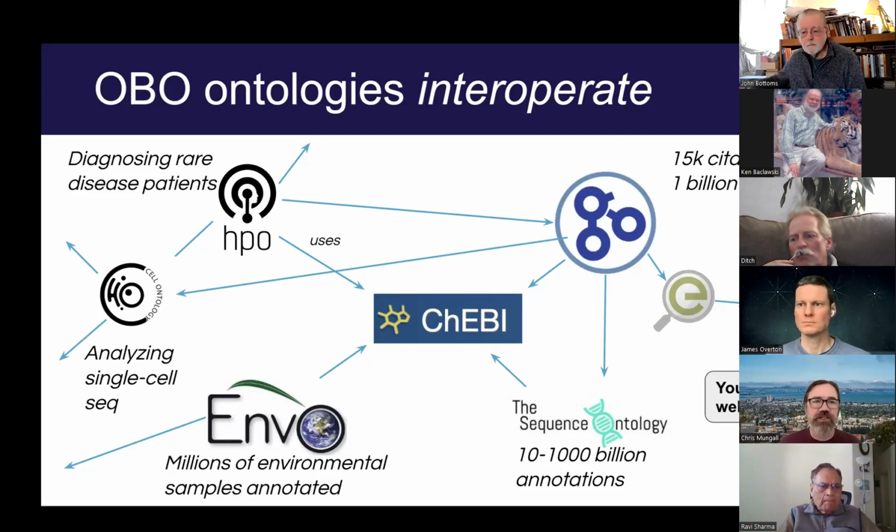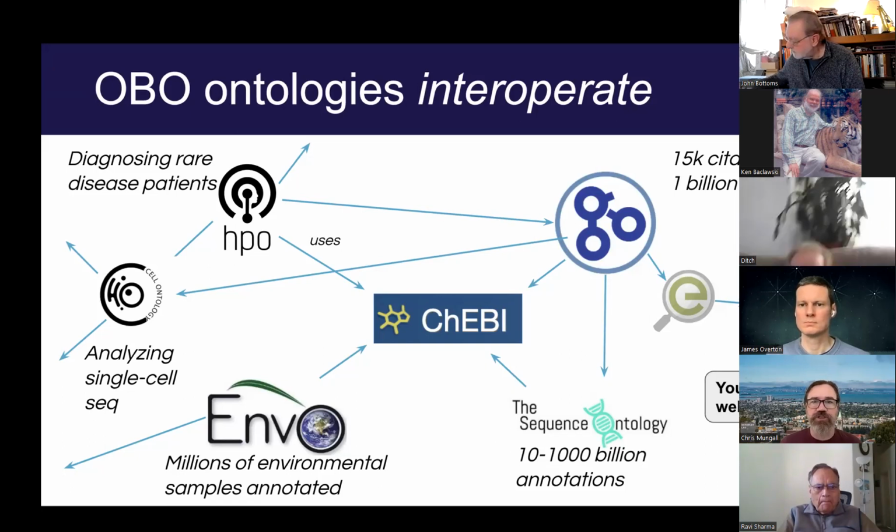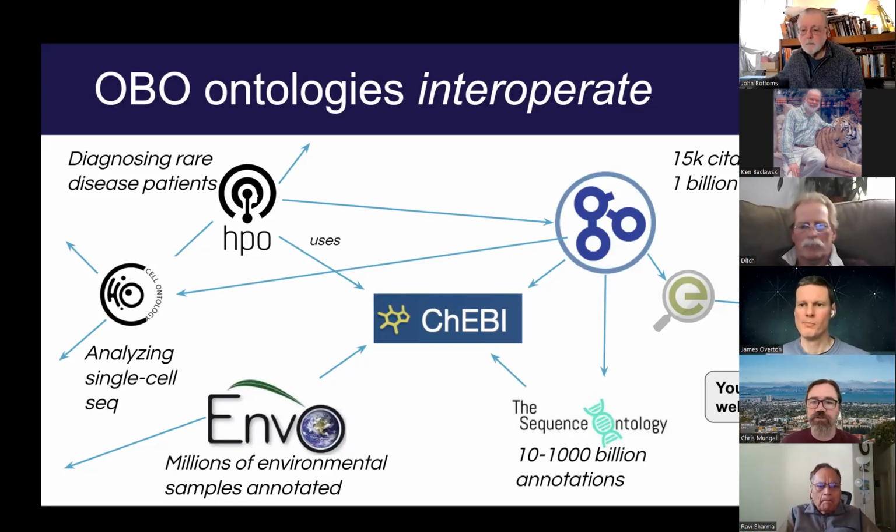But essentially the idea is that an ontology like the Human Phenotype Ontology, used for diagnosing rare disease patients, can describe phenotypes in terms of underlying anatomy or chemical structures or cell types, or biological processes in the GO, and these GO terms also depend on terms in other ontologies such as ChEBI.